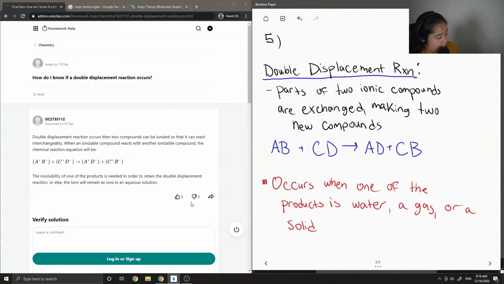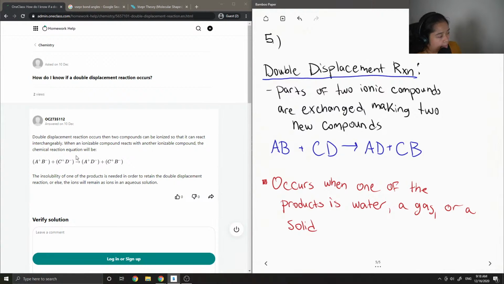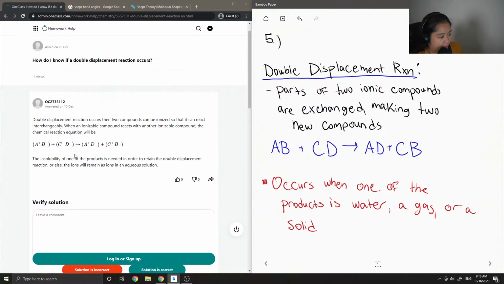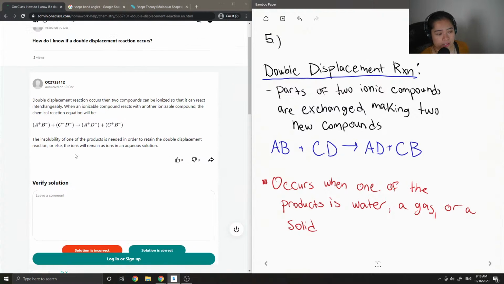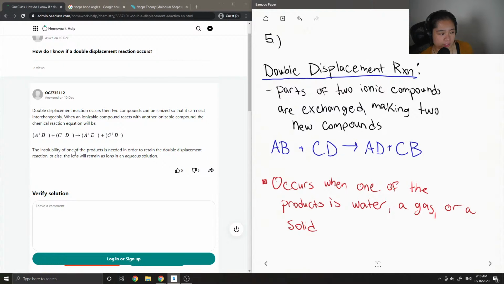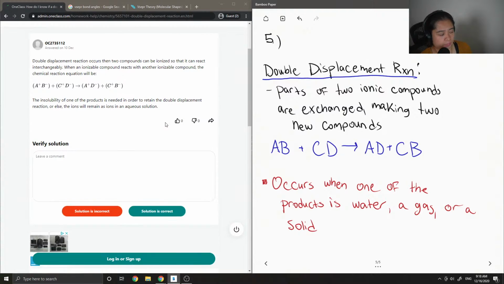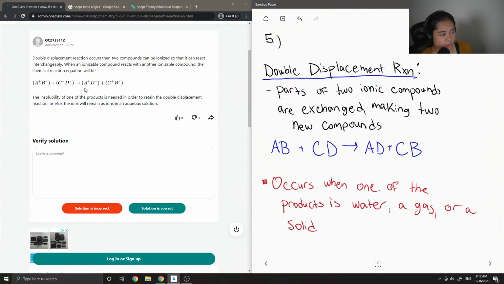Okay, so let's see what the junior tutor said. A double displacement reaction occurs when 2 compounds can be ionized so that they can react interchangeably. When an ionizable compound reacts with another ionizable compound, the chemical reaction equation would be, okay, so here they show the charges, AB plus CD makes AD plus CB.